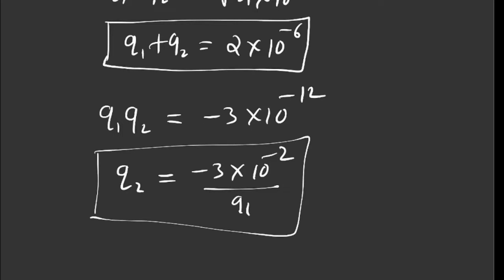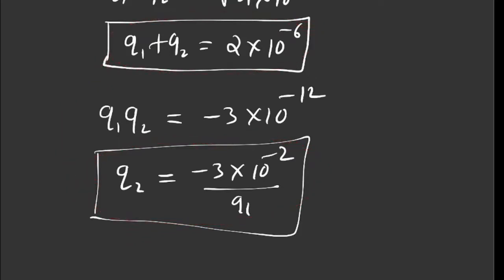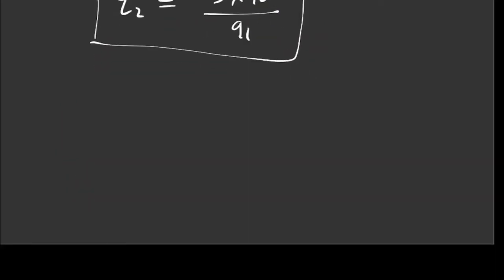Now put this q2 value from case 1 in the equation q1 plus q2 from case 2. What it becomes? We have q1 plus q2 is equal to 2 into 10 to the power minus 6, isn't it?